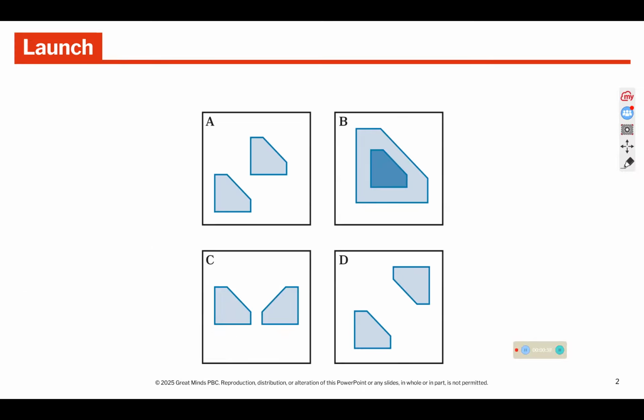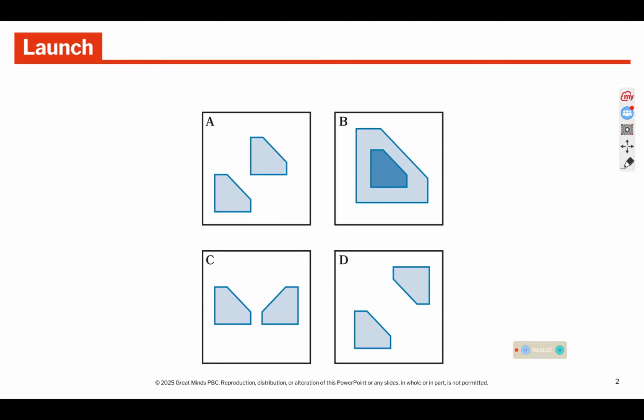Here we have 3 pictures that look somewhat similar, and then one that does not. Which one does not belong? A is a translation. C would be a reflection. D could be a reflection or a rotation.